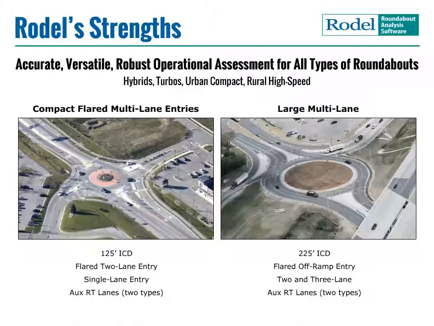Moving to more multi-lane, again, you can have a wide variation in application types with single, multi-lanes, various types of right turn bypass lanes, hybrids, turbos. So Rodel will capture the operations of these various types of roundabouts, again giving you a high level of confidence in the traffic operations side and the predictions of what you're doing.